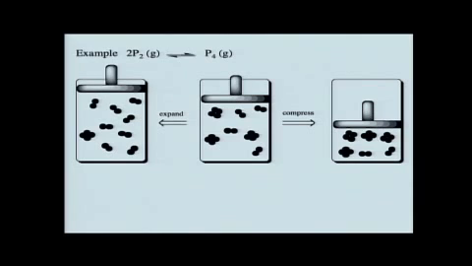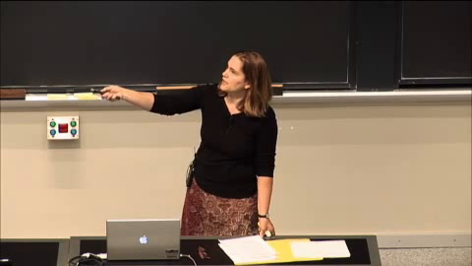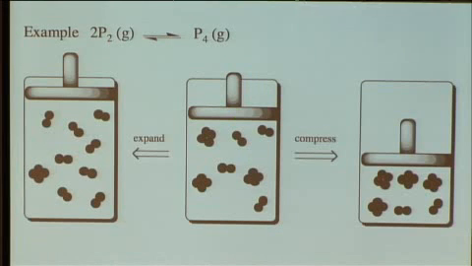So we have an example of a reaction where we have 2 moles of P2 gas going to 1 mole of P4 gas. And I have a little cartoon here to show this. So we have our P4 gas up here and our P2 gas. All right, so what's going to happen if we change the volume of this system?